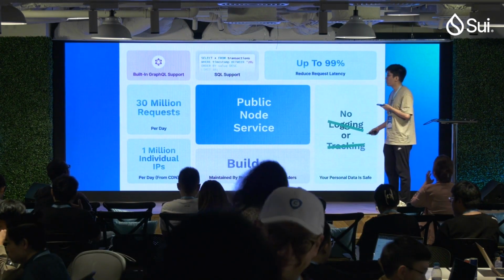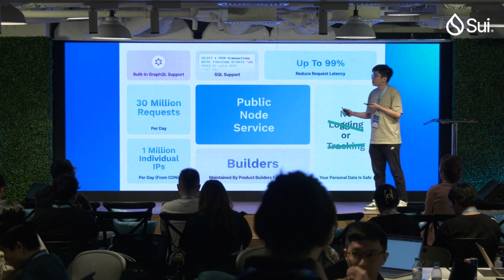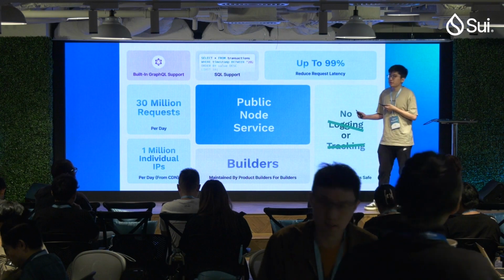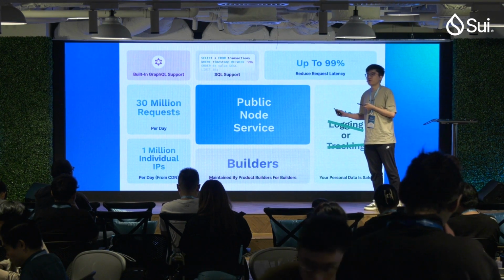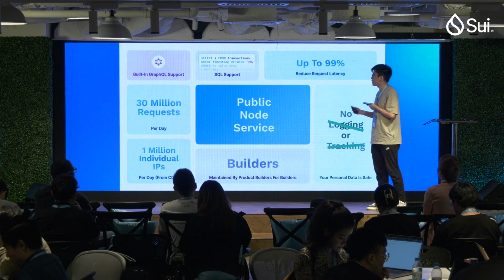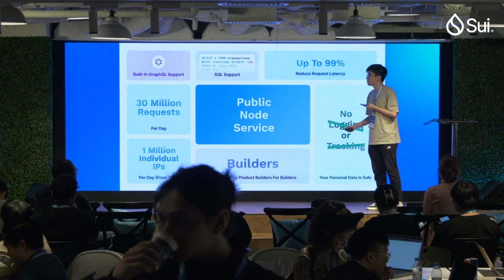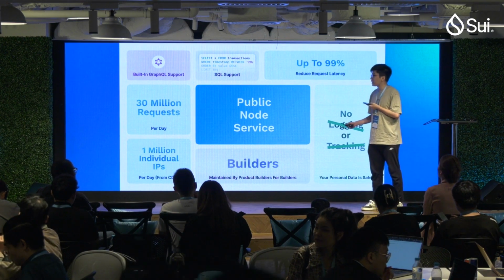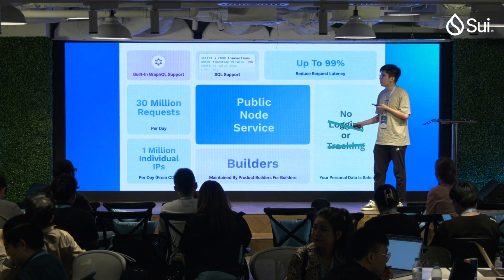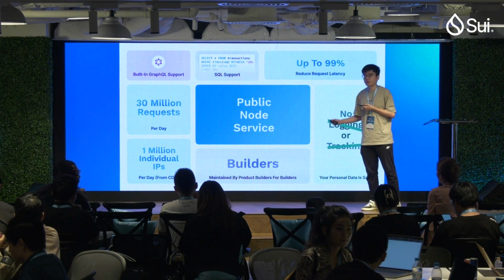Now, let's recap what public node service can provide to you. First, our public service has built-in GraphQL support, and SQL support for our index service is coming soon. And using GraphQL can save up to 99% request latency for our dApps to improve user experience. Our public service is used by many projects on Sui right now. We handle over 30 million requests from 1 million individual IPs per day.